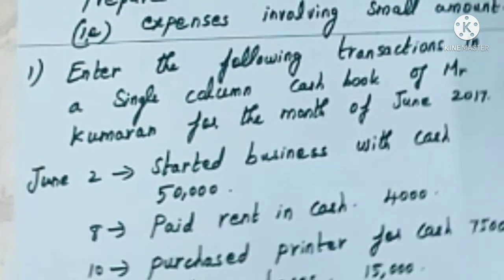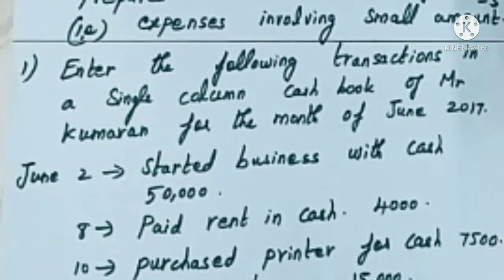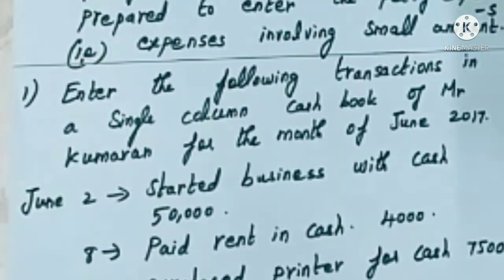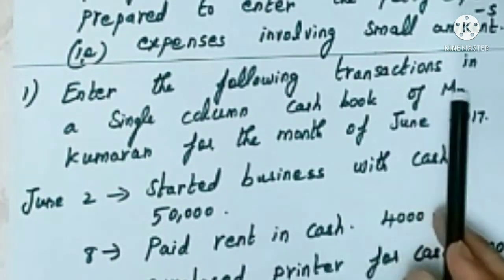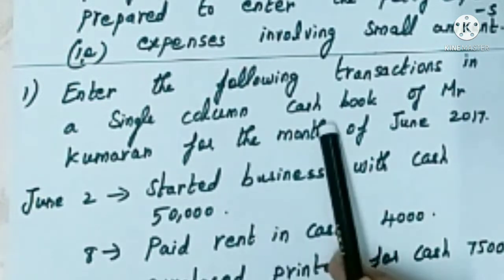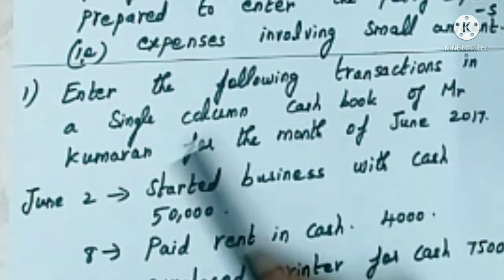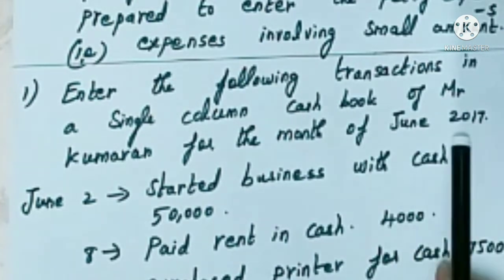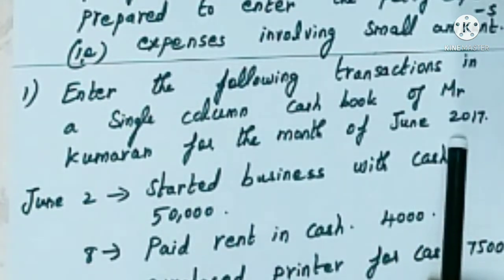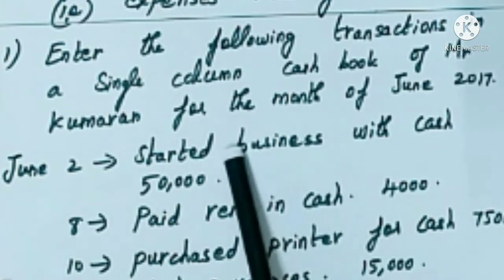Okay, now let's see how to prepare cash book. Enter the following transactions in a single column cash book of Mr. Kumaran for the month of June 2017. In this problem, they have asked us to prepare a single column cash book.